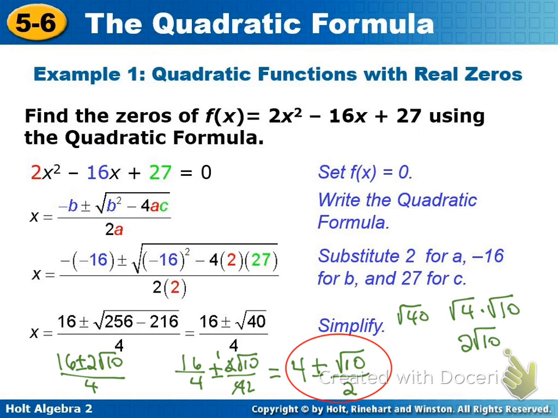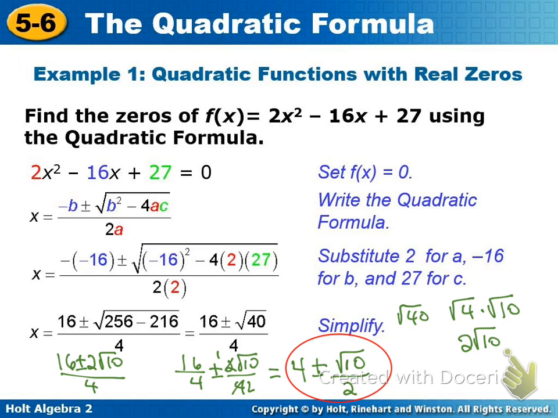So here's what we did. We set that equal to 0. Remember, if it's not set equal to 0, you have to do that. You have to move your terms. Now, we took our formula and we subbed in those values, our B, our A, and our C. Then focus only on the radical. Just focus on that till you get that in simplified form. So we subtracted the 256 from the 216 for the 40.